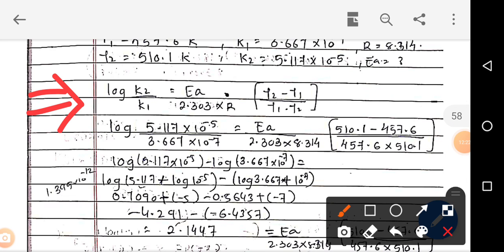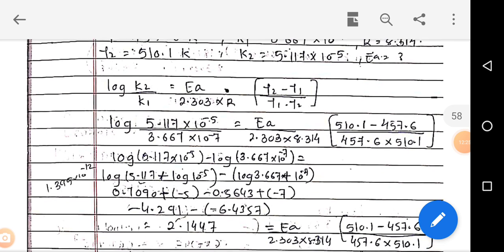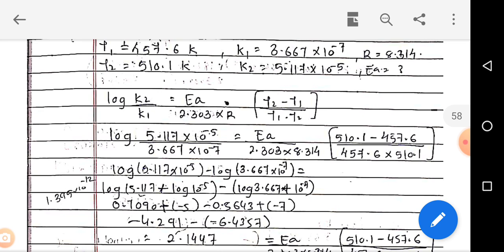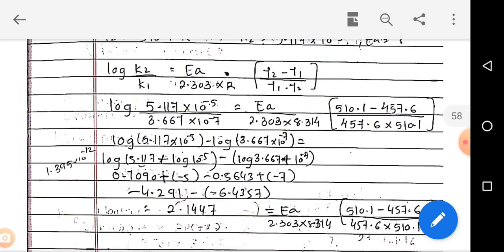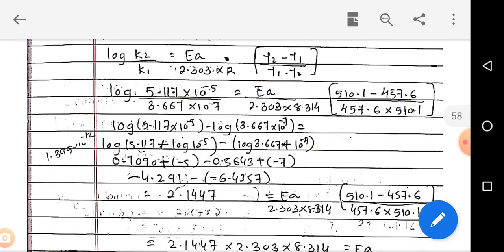So let us start to put in the values. The value of K2 is 5.117 into 10 to the power minus 5. The value of K1 is 3.667 into 10 to the power minus 7. EA divided by 2.303, and the value of R is the universal constant, 8.314. T2 minus T1, where T2 is 510.1 minus T1 is 457.6, divided by T1, 457.6, into T2, 510.1.